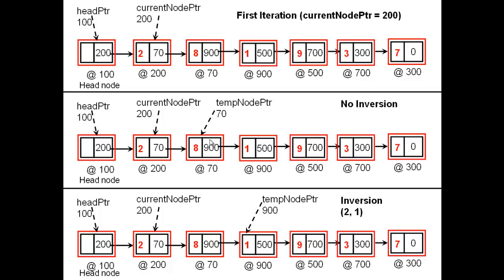So use the temp node pointer to traverse all the nodes to the right of the current node, and then compare the value of current node's data with temp node's data. If the two data values, integers, are not the same, then the list is unique until then. If at any situation the current node's data is equal to the temp node's data, then it means the same integer is appearing more than once in the list, so that means the list is not unique. You can stop your code right there and say the list is not unique.